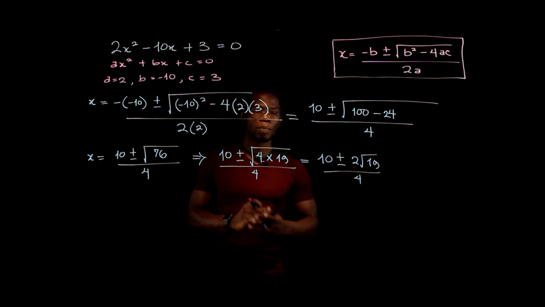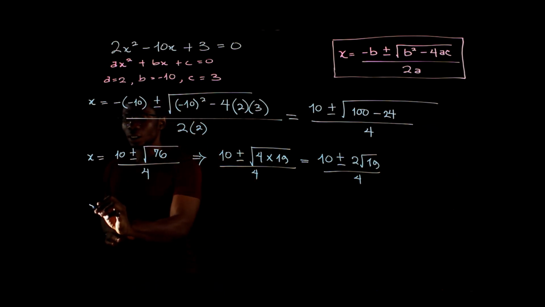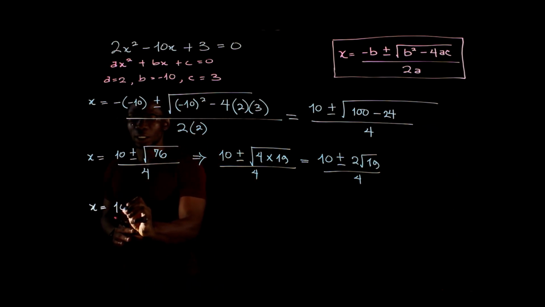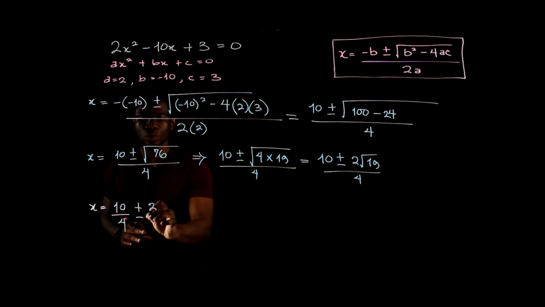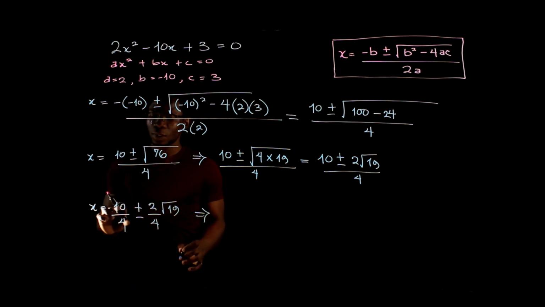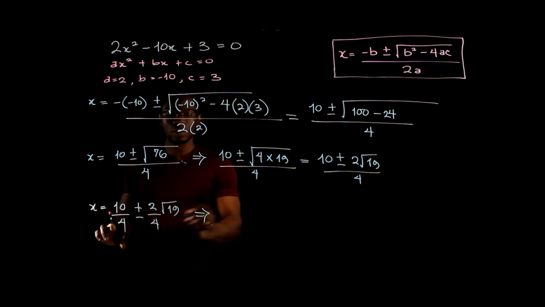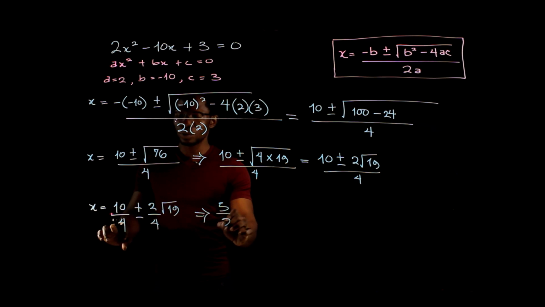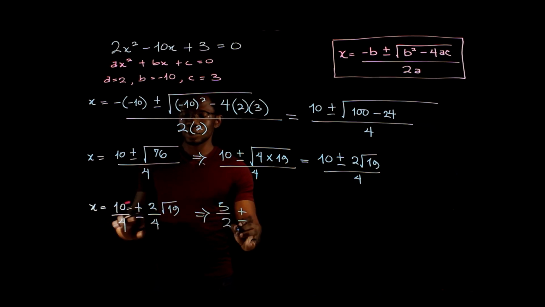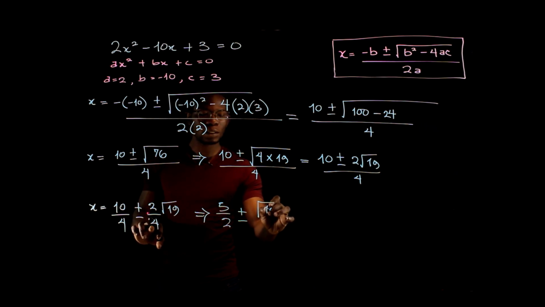So here we can split up our equation, and x is equal to 10 over 4 plus or minus 2 over 4 root 19. Now 2 can cancel out this to have 5 over 2, plus or minus, here 2 cancels out 2 and we have root 19 over 2.